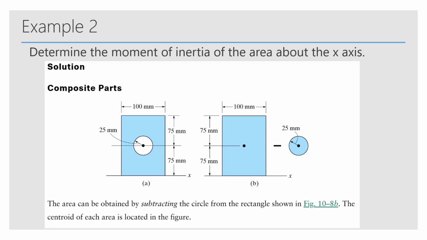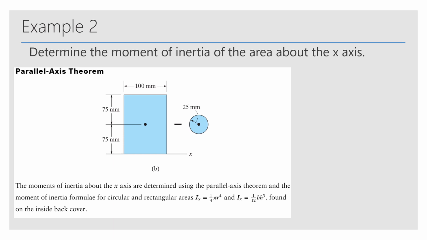Taking a look at the solution from the textbook, we have our composite parts, where figure A is our initial problem. You see that we have just a rectangle, and then you subtract out a circle in order to determine the overall area.